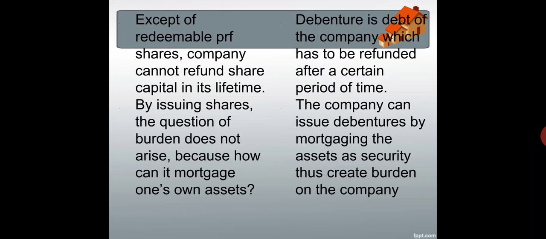In debenture, the company can issue debentures by mortgaging the asset as security. Thus, it creates a burden on a company. Now, it is required to mortgage the asset at the time of issuing debt capital. So, when the mortgage is there, it will create a burden on a company.